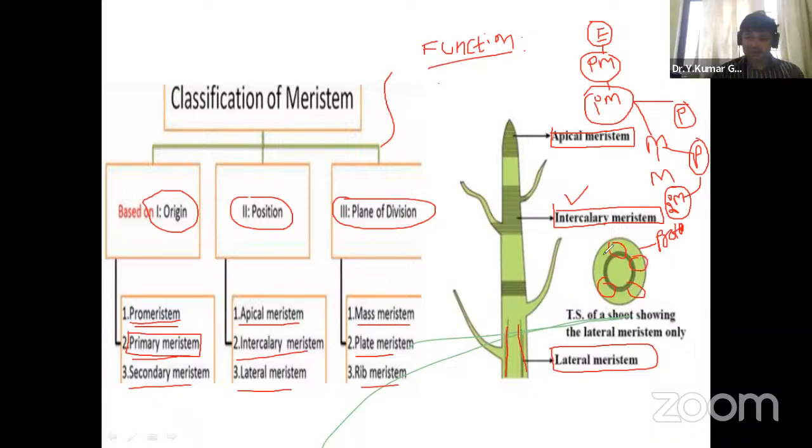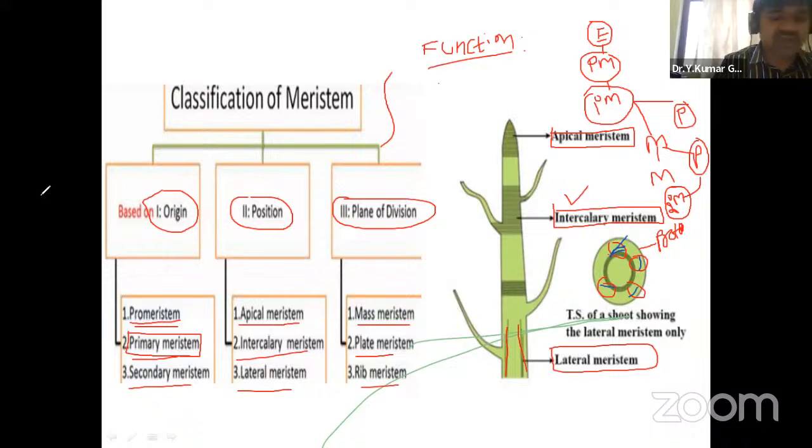In the vascular bundle, dividing xylem and phloem, let me change color. The meristematic tissue present between xylem and phloem, in blue color, is called lateral meristematic tissue.